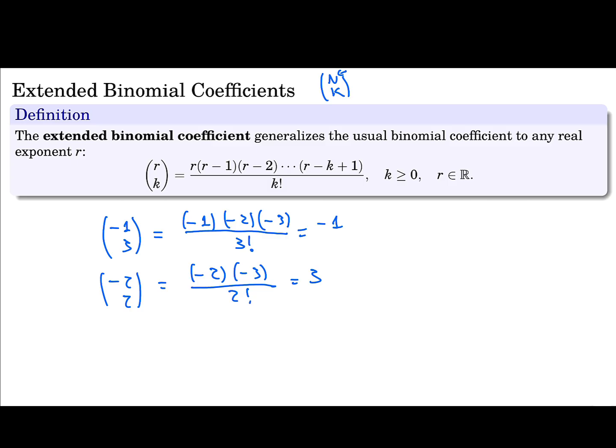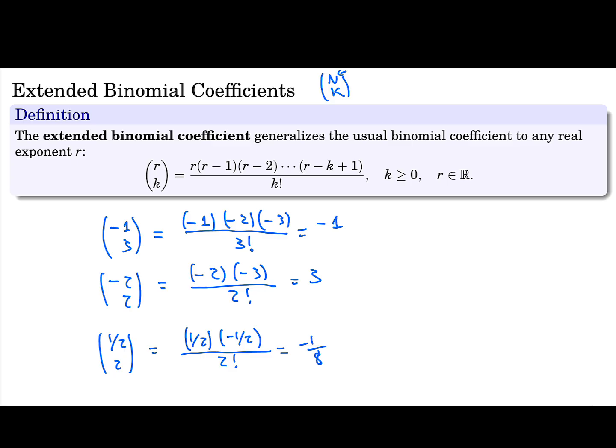You can also be talking now about things like half choose 2, which will give you half, and then half minus 1, which is just minus half, and so divided by 2 factorial, and this will give you minus 1 over 8. And you can have things like pi choose 7 and so on, right?